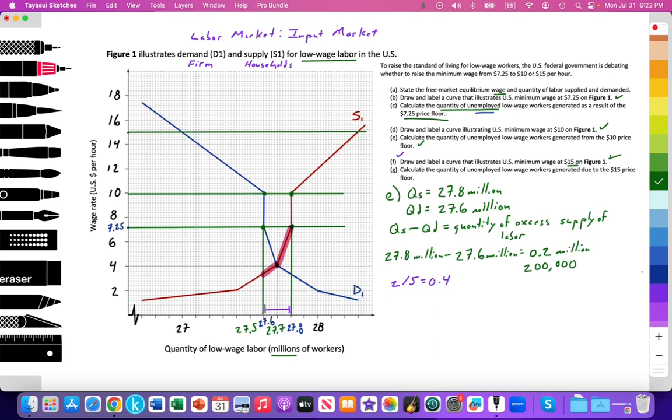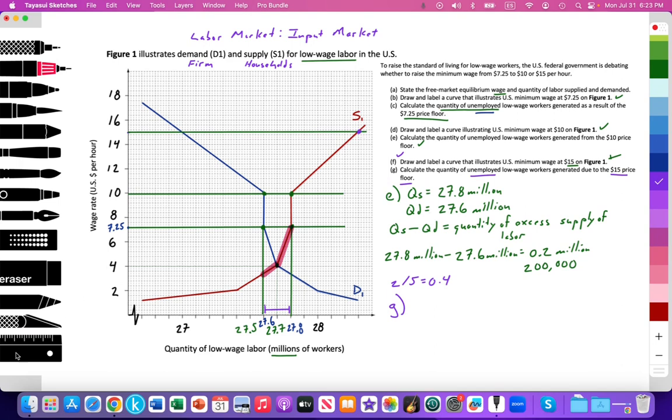Now let's move on to question G. Calculate the quantity of unemployed low-wage workers generated due to the $15 price floor. So what's the excess supply of labor generated as a result of that price floor? So we're going to take a look. The quantity supplied is about here.